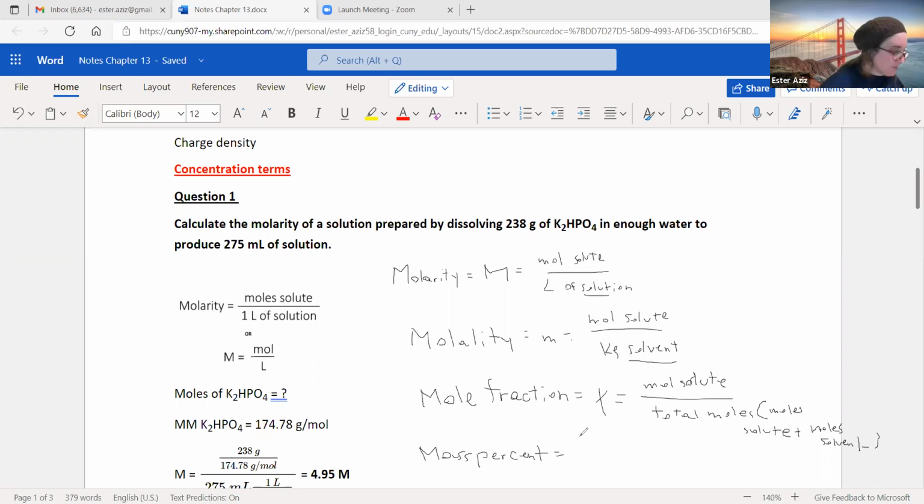So it will be grams of solute, or mass of solute, divided by the total mass of your solution.